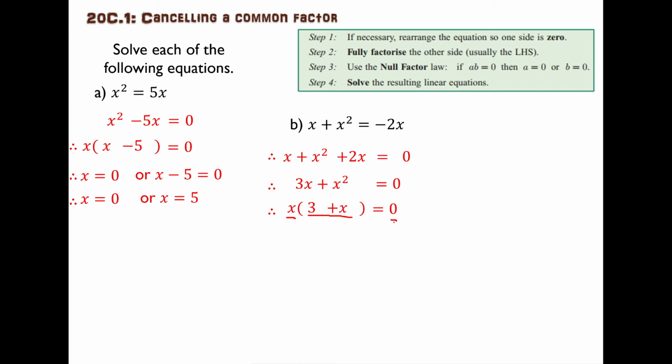Therefore, bam, null factor law. One of these things has to be 0. Either x is 0 or 3 plus x equals 0. And again, we solve each of these equations. The first one is already solved. That's easy. So I don't have to do anything for that. That's already done. Yay. So x is 0, or in here, the solution is x equals -3.